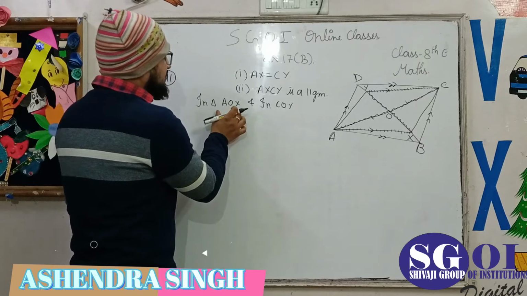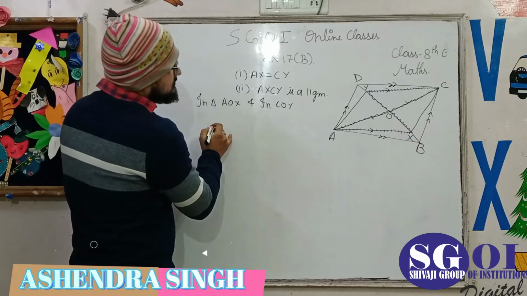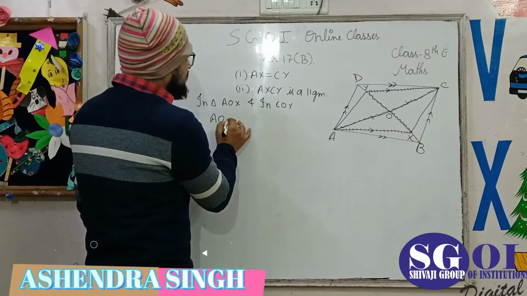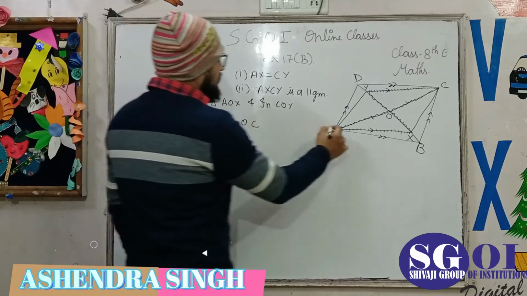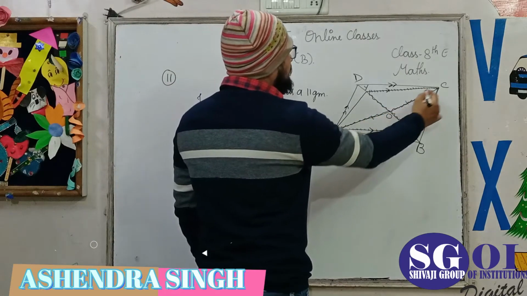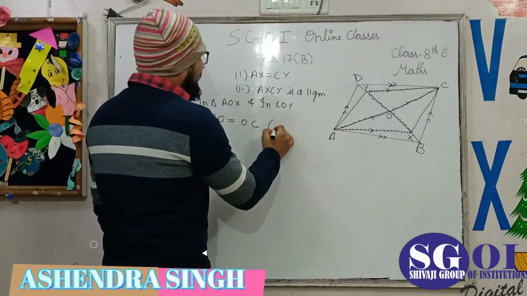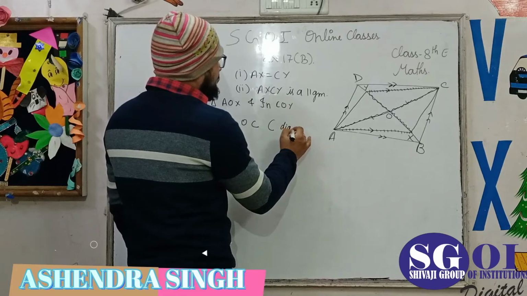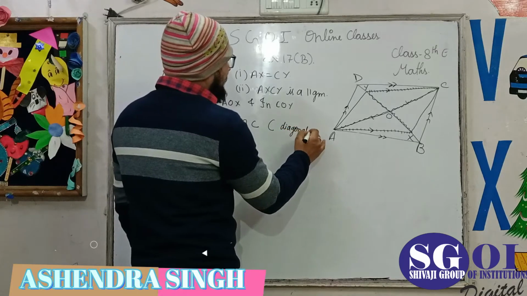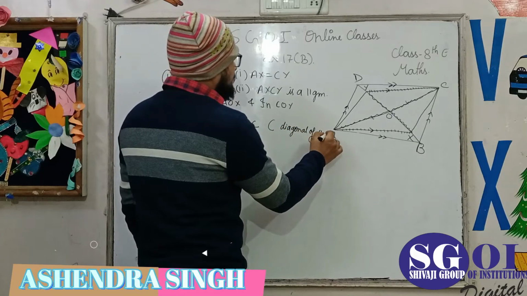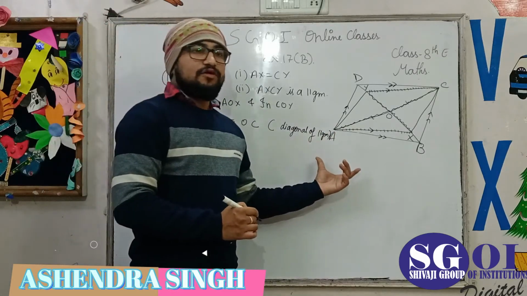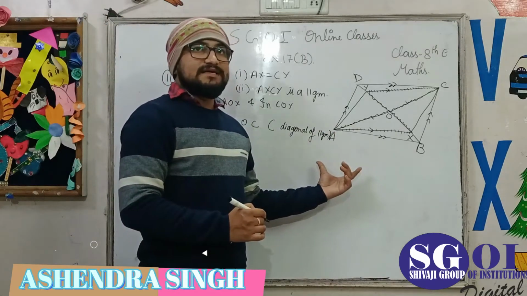So you can clearly see in AOX, side AO will be equal to OC. Why? Because it is a diagonal of the parallelogram, and we know that the diagonals of a parallelogram are bisected.